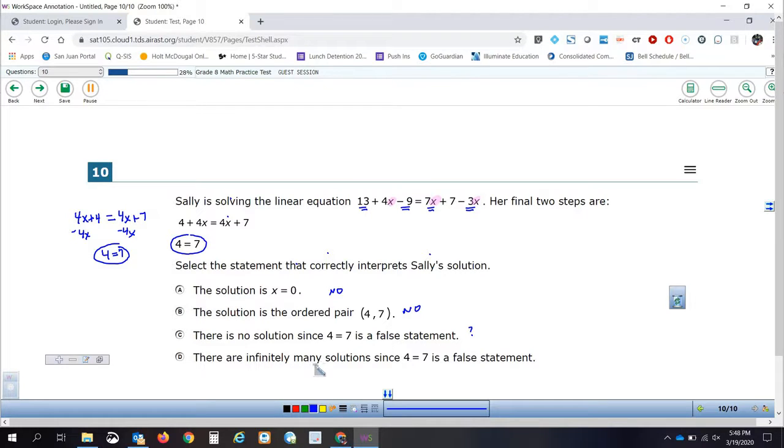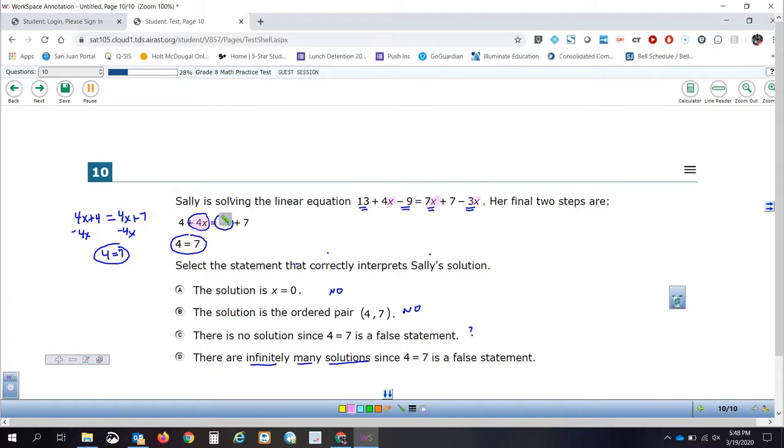There are infinitely many solutions since 4 equals 7 is a false statement. If there are infinitely many solutions, that implies there are many, many ways to make this true. All right? But let's think about this. When does 4x equal 4x? The answer is always. Pick any value of x and those two are always the same.